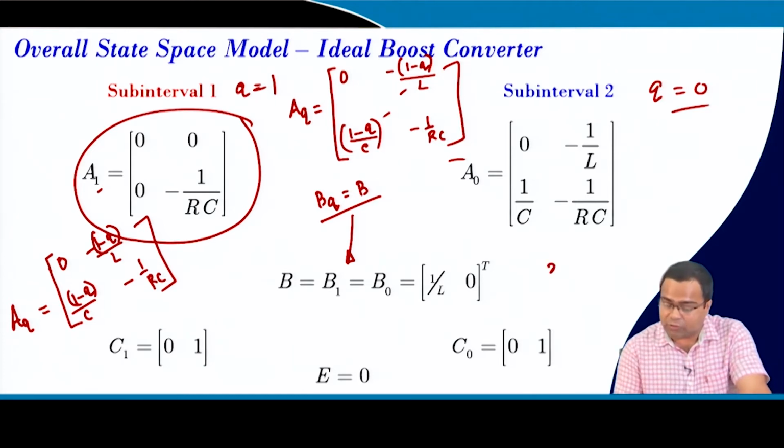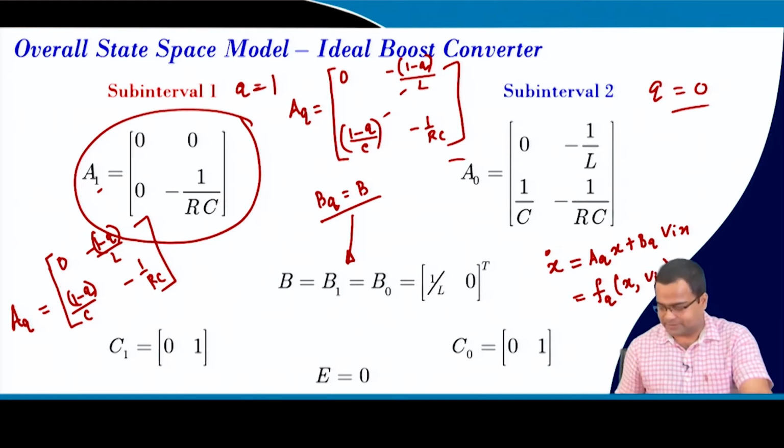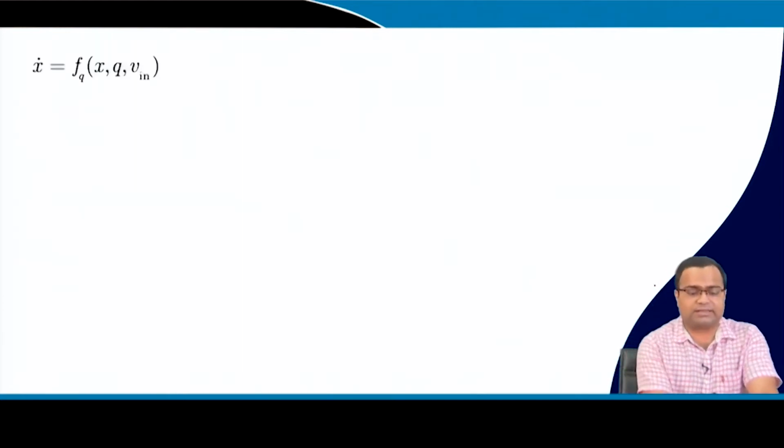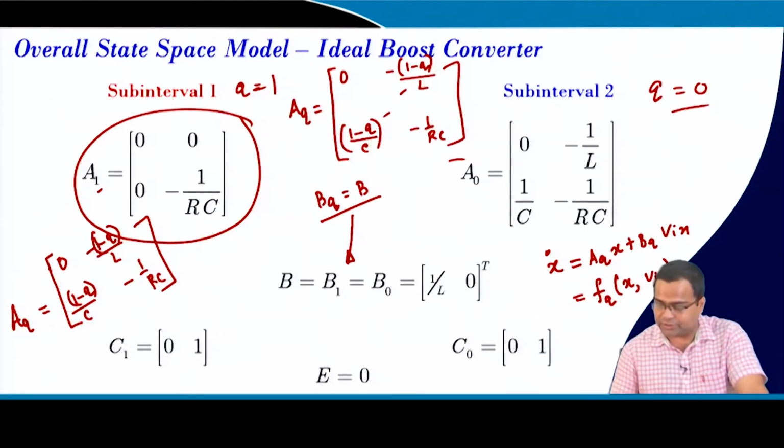So we can get the overall matrix X dot equal to AQ X plus BQ V in, which we will call F Q, a function of X and V in. It is also a function of Q, because Q is a switching gate signal which can take either 1 or 0.